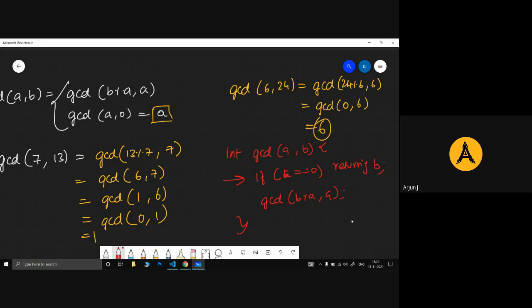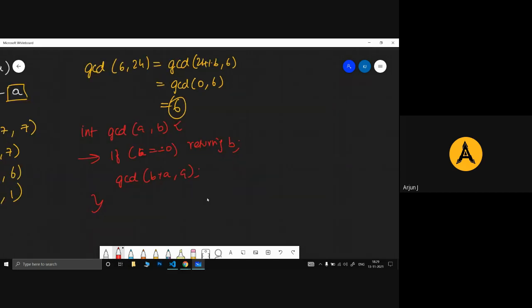You might have another doubt. I have said that let us assume a to be less than or equal to b. What if a is greater than b? How is our function going to work? This function is capable of swapping the operands. Now let us take a case. If we pass 13 comma 7, what will happen? Here 13 is a and 7 is b.